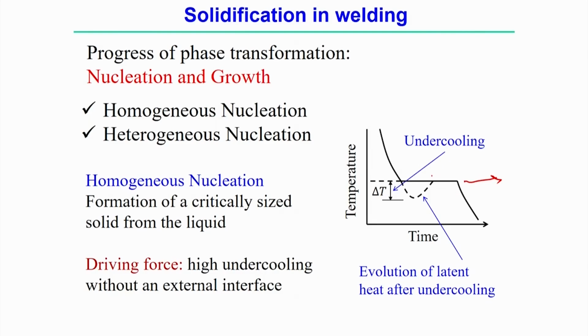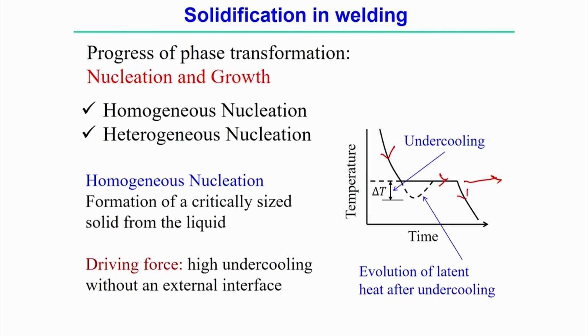So, it locally achieves some amount of undercooling and then releases the latent heat. Then finally, after the change of phase, it gradually cools to the ambient temperature by releasing the specific heat.